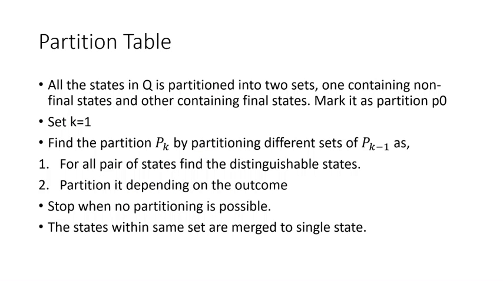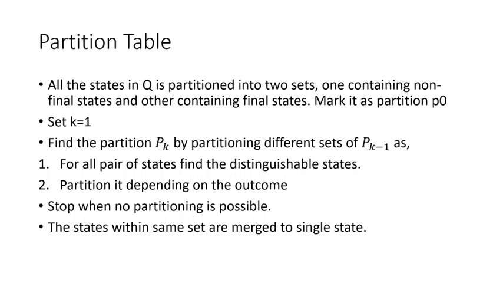These are the initial formal steps of how you use the partition table for state minimization. In this method, we initially divide all states of the DFA into two partitions, called the initial partition, where one partition contains the non-final states and another contains the final states.